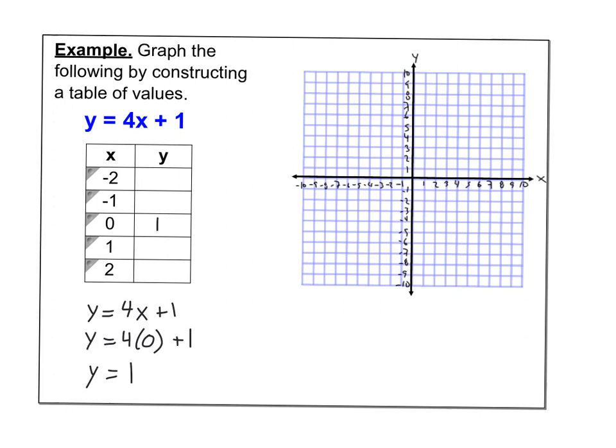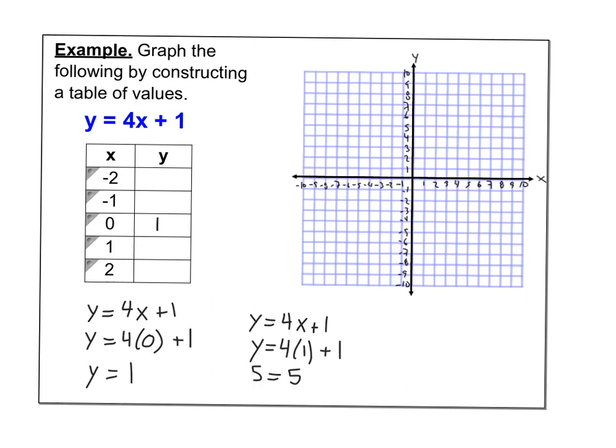That's our first coordinate. Our next coordinate is y equals 4x plus 1, and this one I'm going to do when x is equal to 1. So I'm going to substitute 1 in anytime I see an x, and so 4 times 1 is 4, plus 1 is 5.